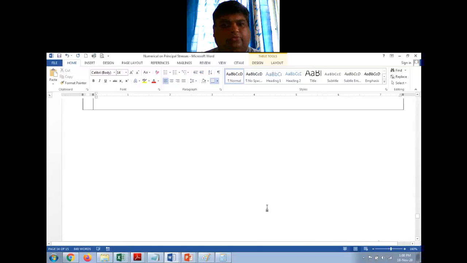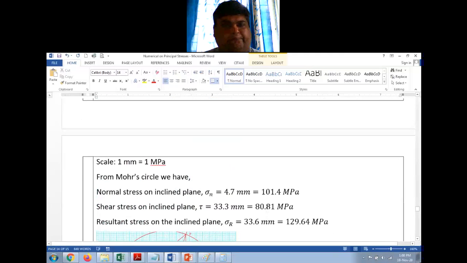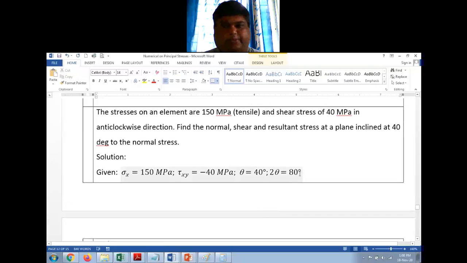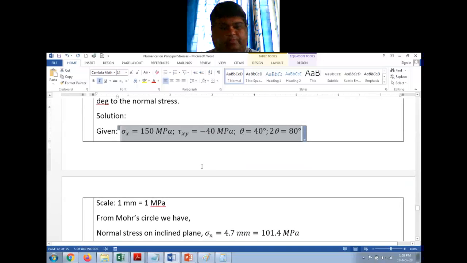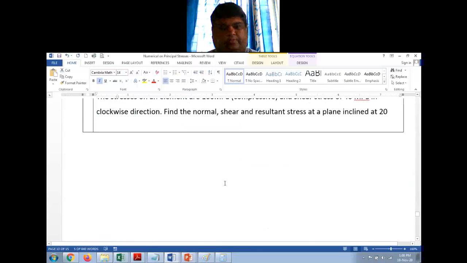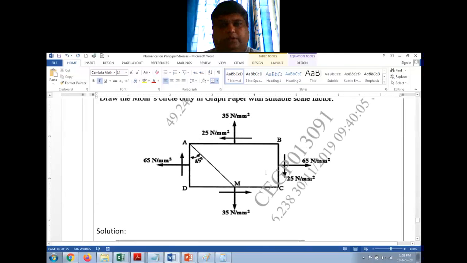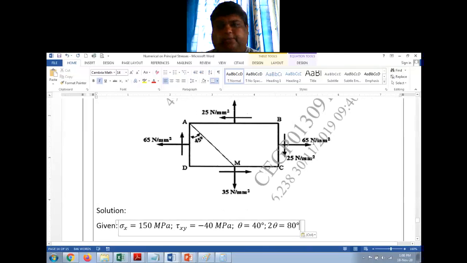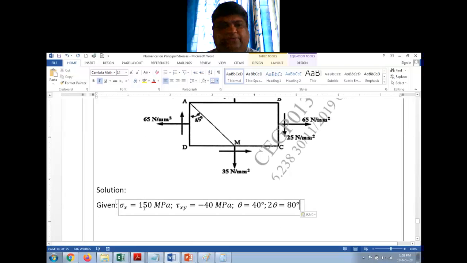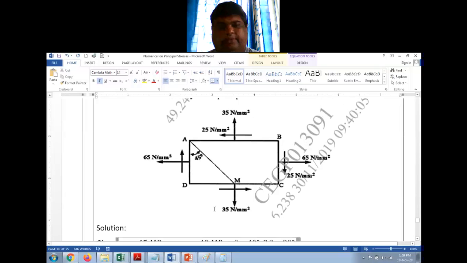So, let me just copy this. Given. Now from this, sigma x is 65 megapascal.